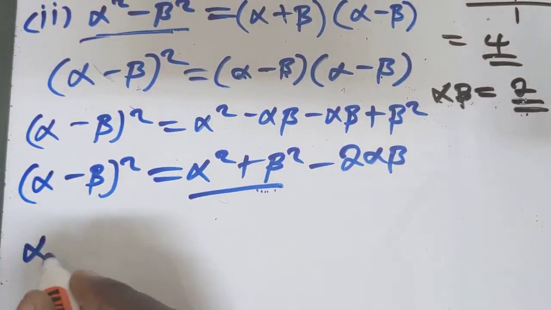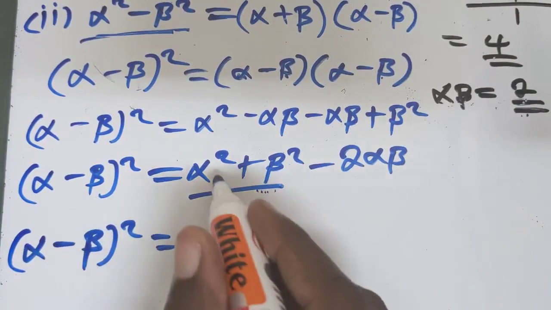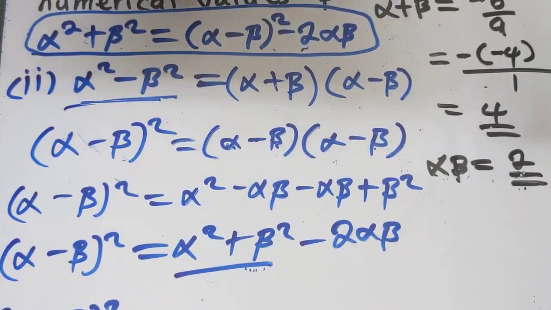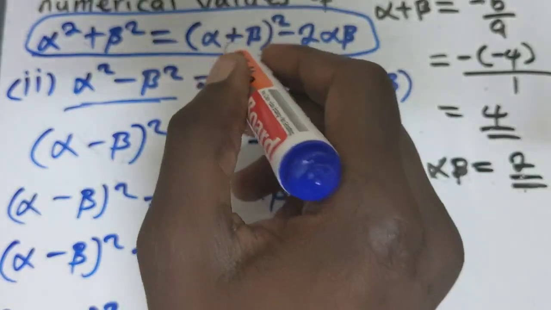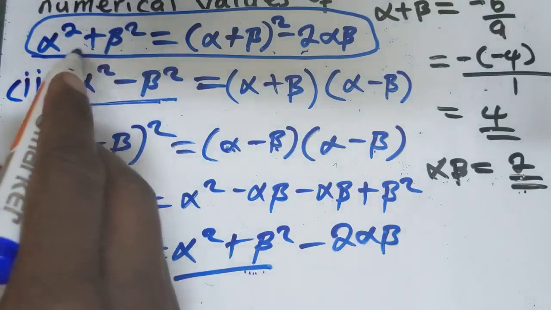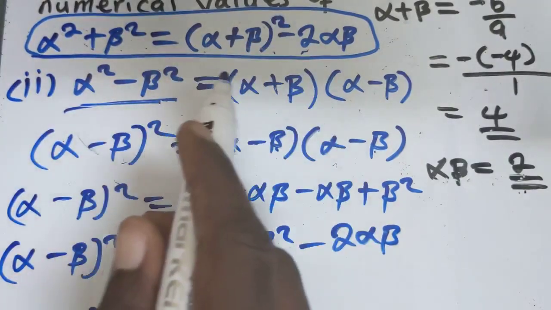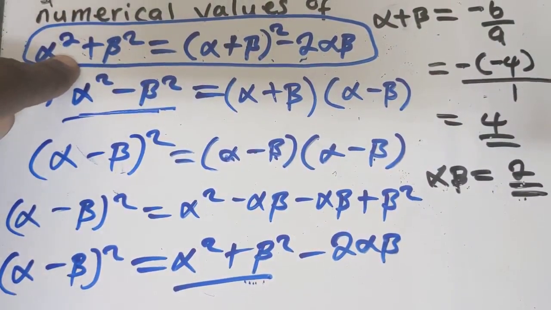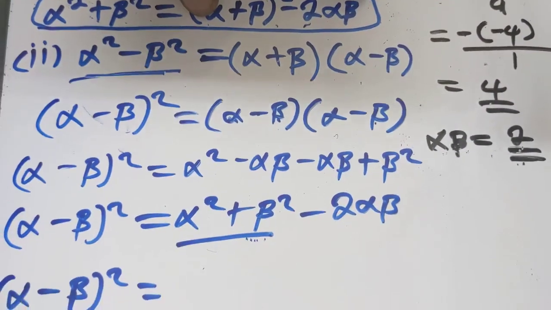Alpha minus beta squared is going to be replaced with this. Oh sorry, here it's supposed to be alpha plus beta. The formula for this one is supposed to be alpha plus beta squared minus 2 alpha beta. We have derived it, so you just get this formula and replace it right here.